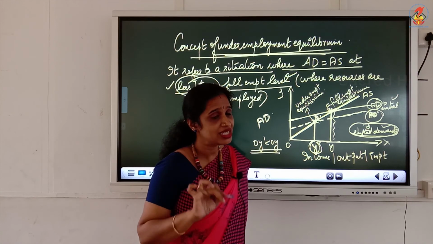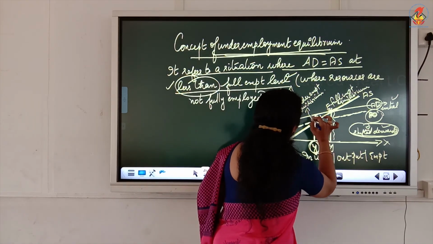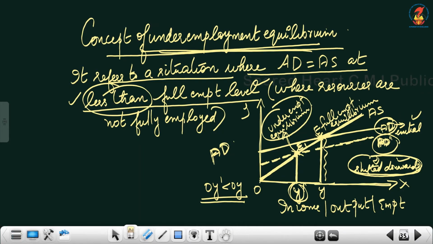Therefore, that is what is known as underemployment equilibrium. An equilibrium is happening because the new AD curve is intersecting with the existing AS curve, but it is happening at less than full employment level, and the level of income has come down from OY to OY1. That is why we call it underemployment equilibrium.